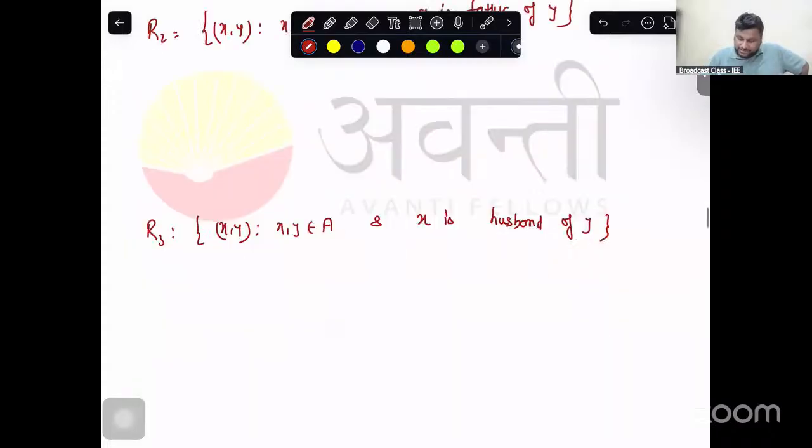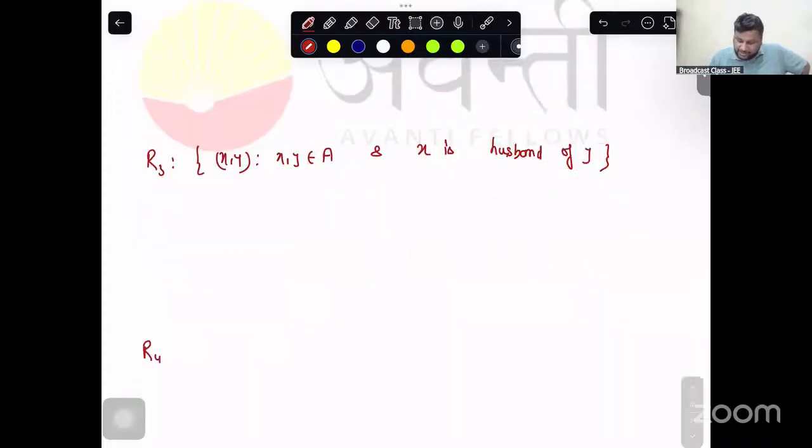There is another relation R4, that is x comma y such that x, y belong to set A and x and y live in the same house.